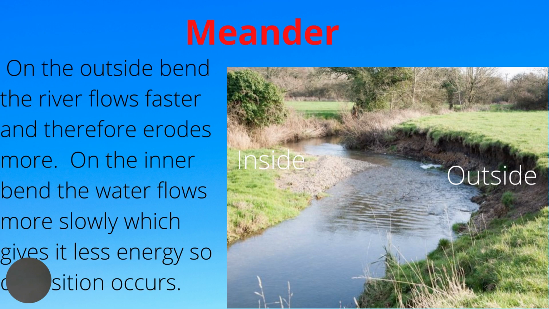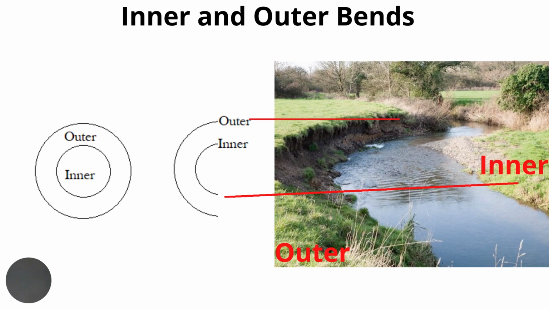All right, so there are various names that we use to describe these two banks of the meander. The outer bank is the wider bank, and the river will flow faster on that side.